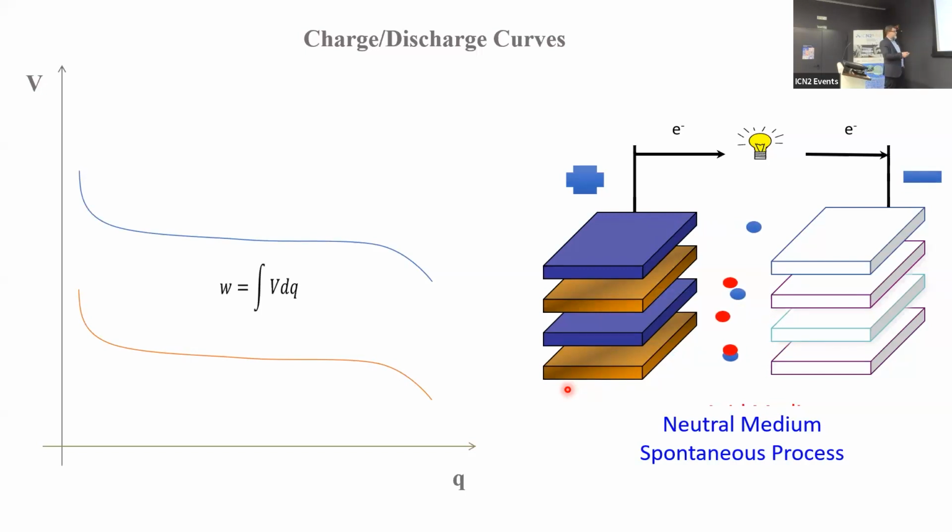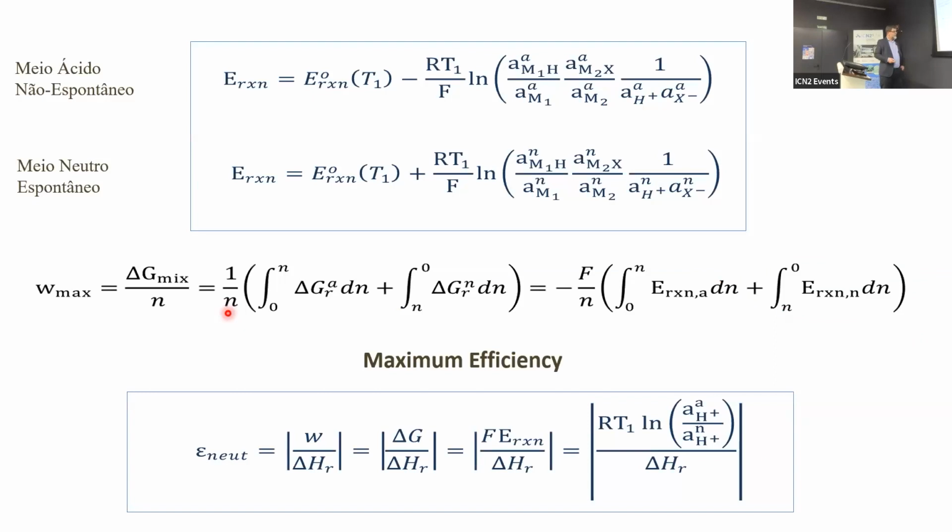So this area corresponds to the harvested energy after the electrochemical cycle. And we can use thermodynamics to determine the maximum efficiency because the free energy corresponds to the maximum free work.